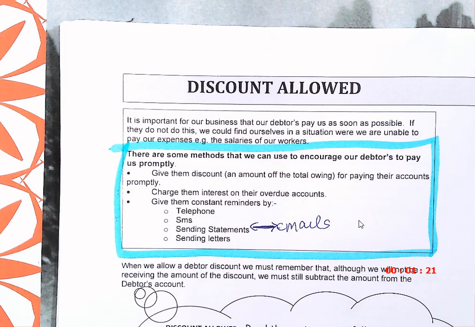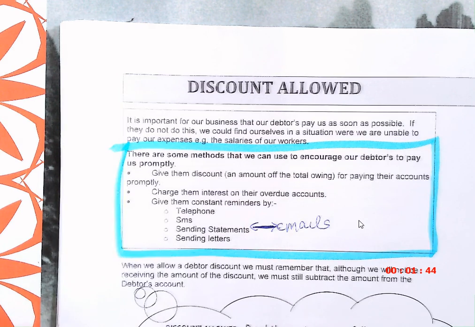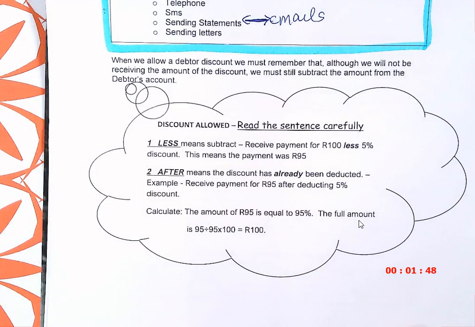And usually your term, remember we did those terminology, the credit term, there might be a thing that says, if you pay within 30 days, you get a 5% discount. It's to get debtors to pay, because you rather get less back than have to struggle to get the money out of them. But now the thing with discount allowed is you need to read very carefully.